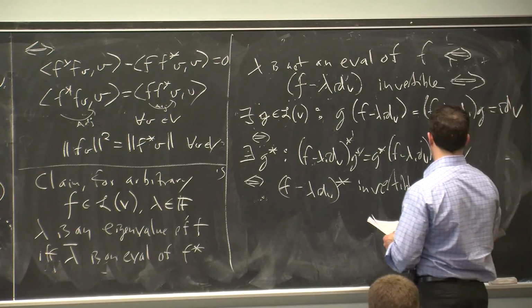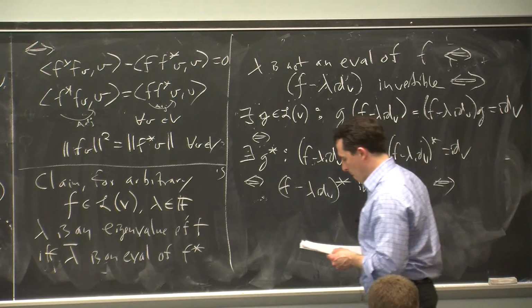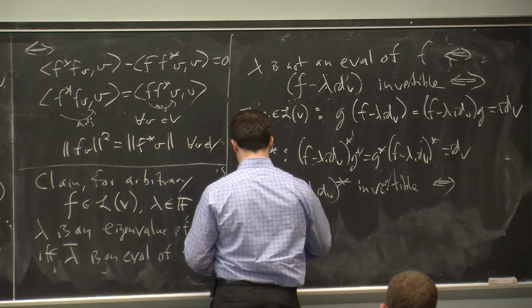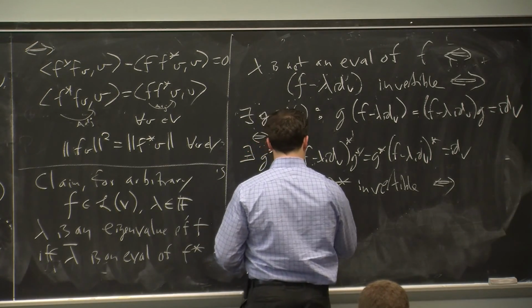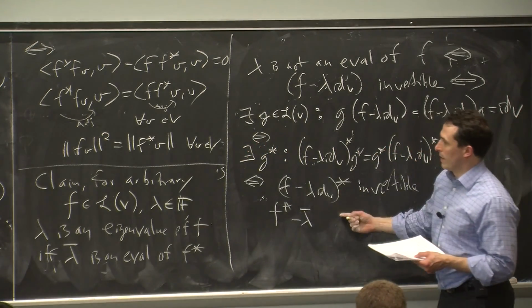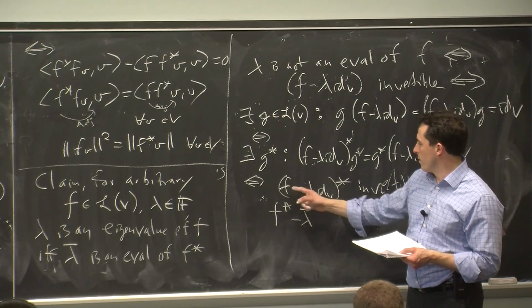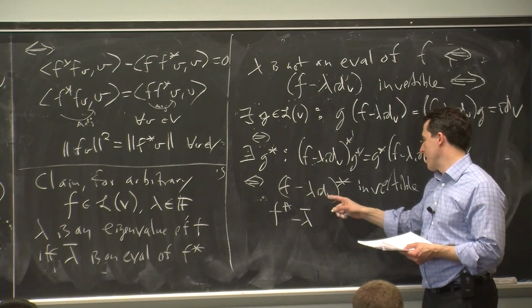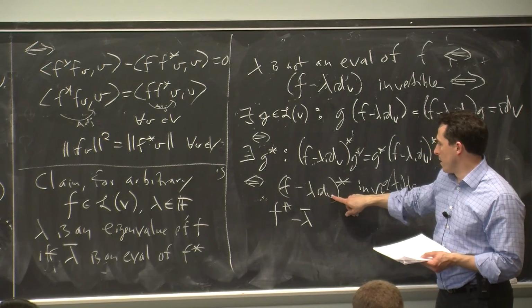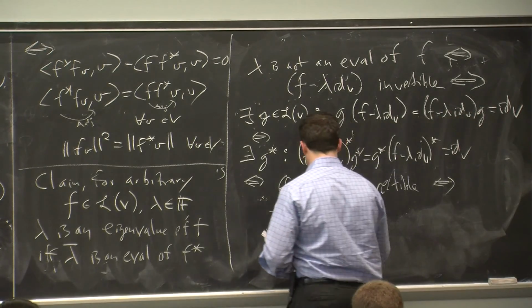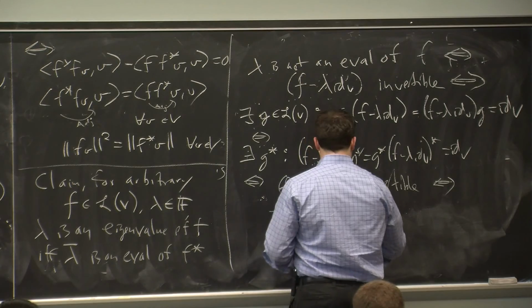Which holds if and only if f star minus lambda bar I_V is invertible. Here I used that the adjoint of this plus that is the adjoint of this plus the adjoint of that, and the adjoint of lambda times the identity is lambda bar times the identity.